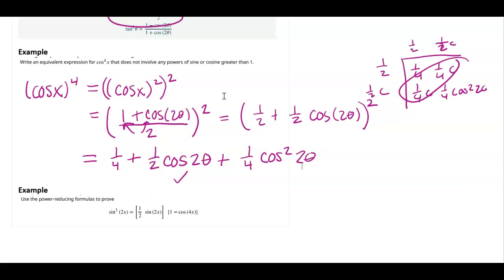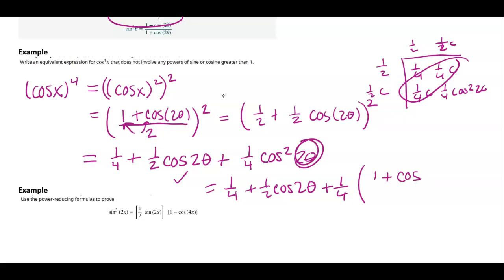Well, I need to make this substitution again in order to make sure that I only have cosines in the first degree. So I'm going to plug back in 1 plus cosine. Now be careful.